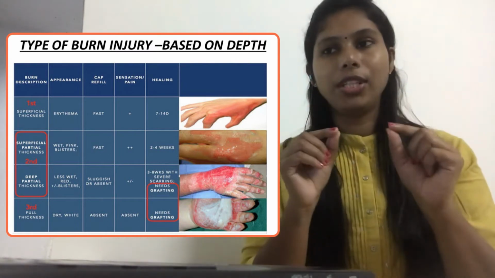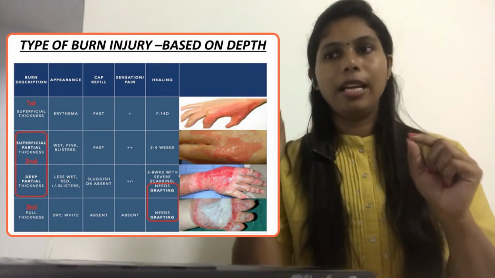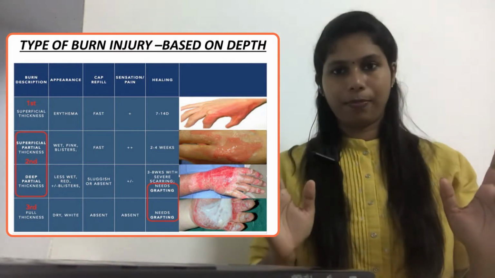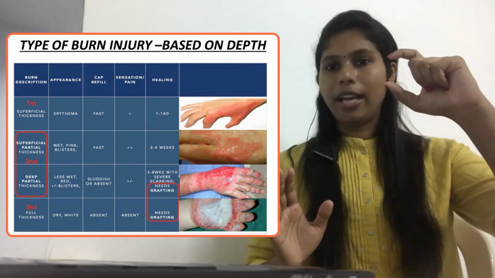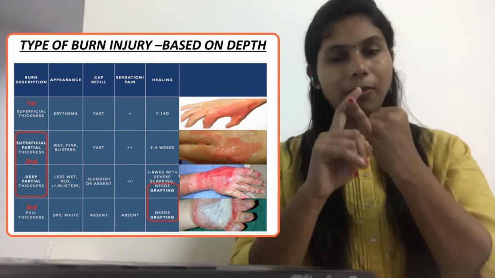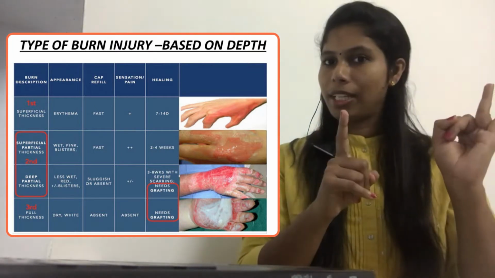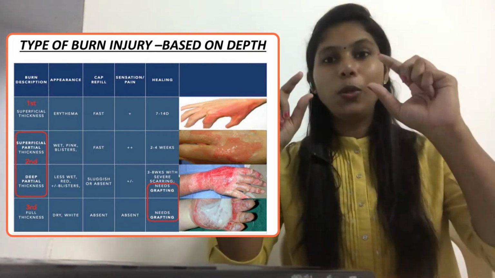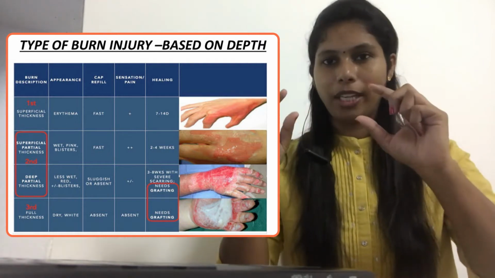Here the first degree is the same as a superficial thickness burn, and for the second degree we have another classification, that is superficial partial thickness and deep partial thickness. Just remember these two partial thickness types of burns based on the depth.